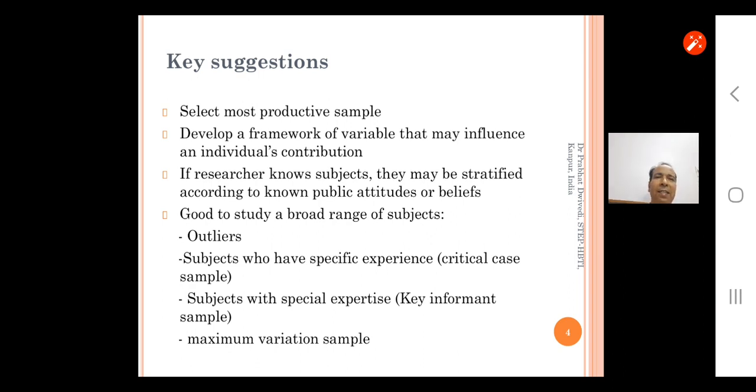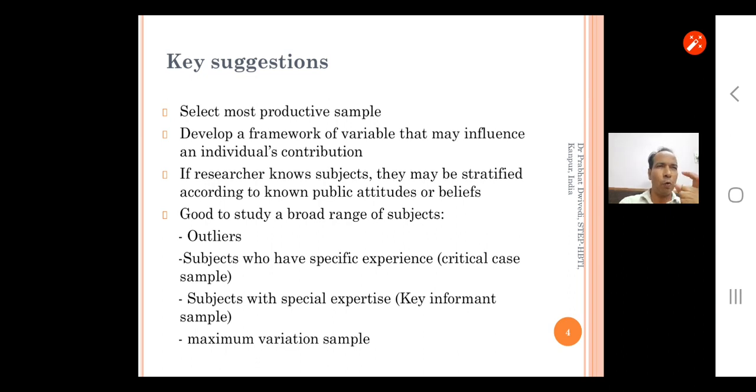Now, the key suggestions are: select the most productive sample. It means we should be very careful about the selection of respondents in our sample. Because if the sample is not productive, if respondents are not answering the questions, if they are not eligible to answer the questions, the sample unit may be unproductive and the exercise would be futile.